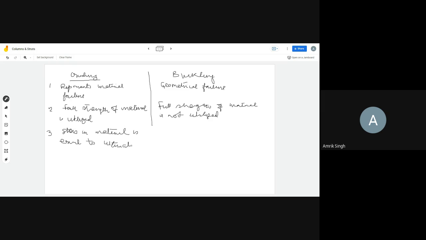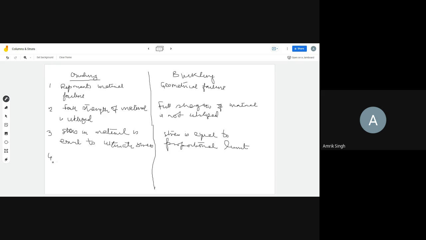In buckling the stress is equal to proportional limit.